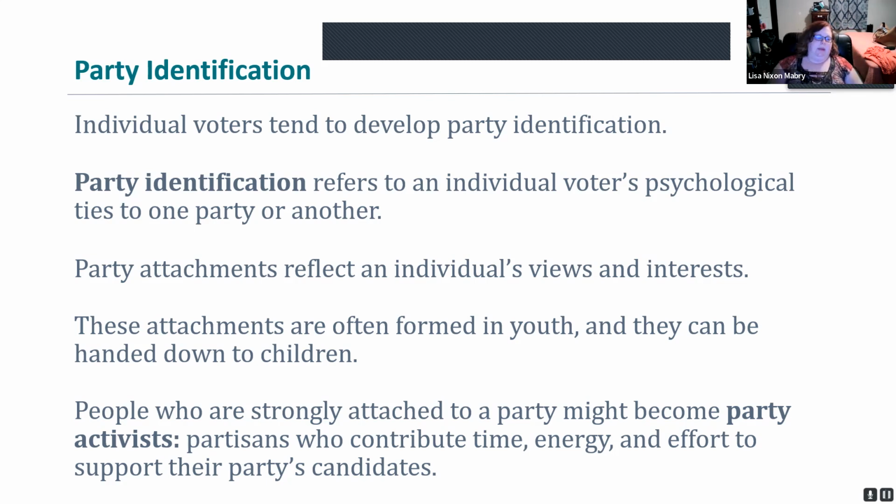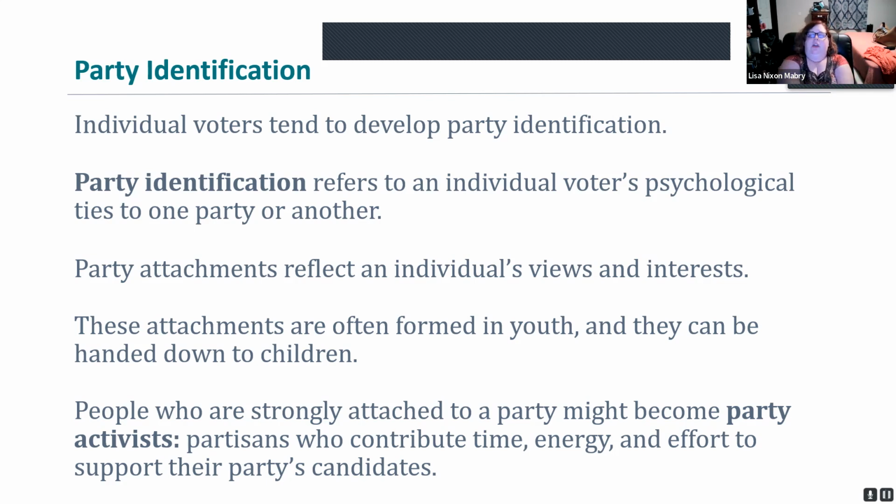A lot of those attachments form when you're younger. Your parents can hand that down to you, your grandparents, whoever is an important figure in your life that you would look up to and pay attention to their belief systems.